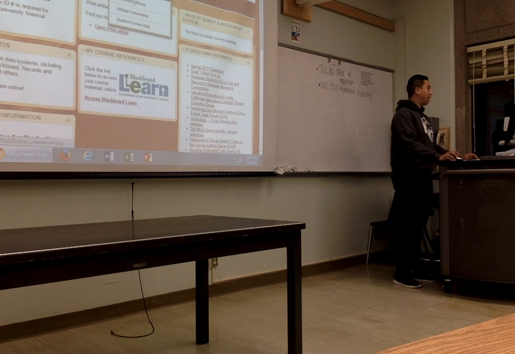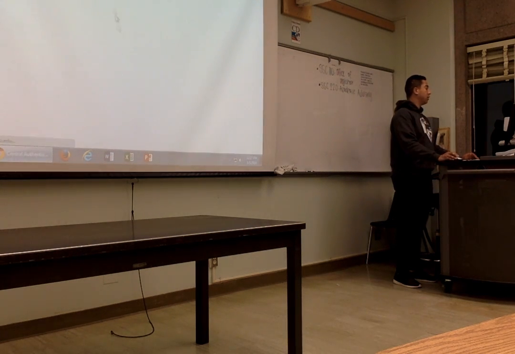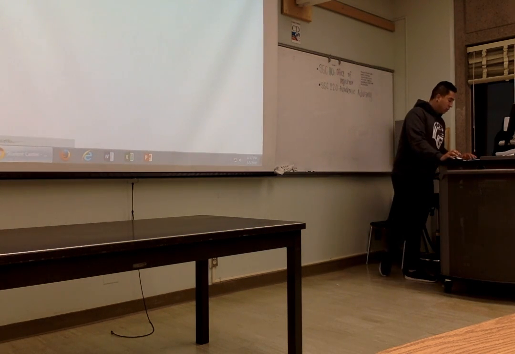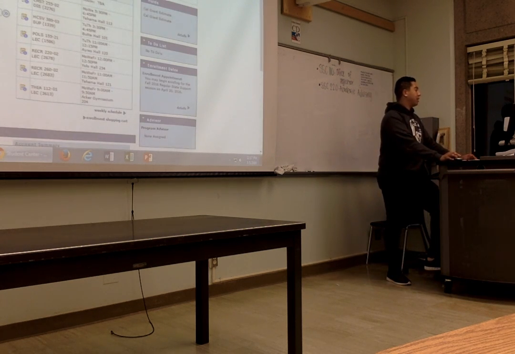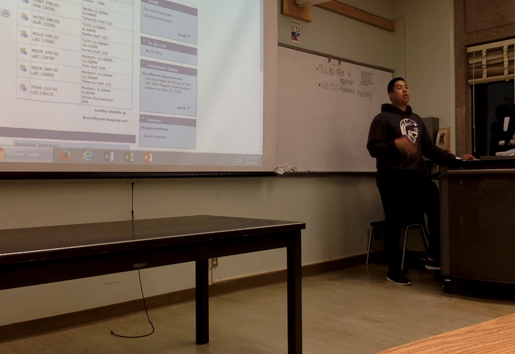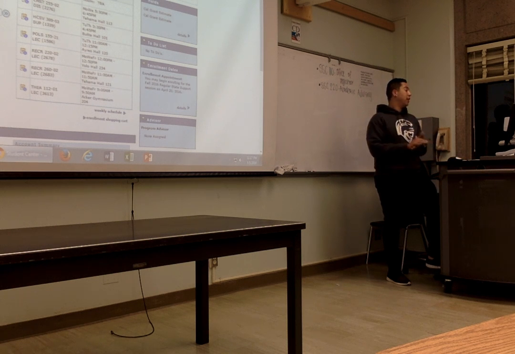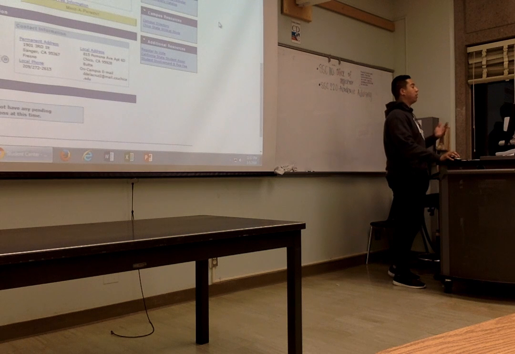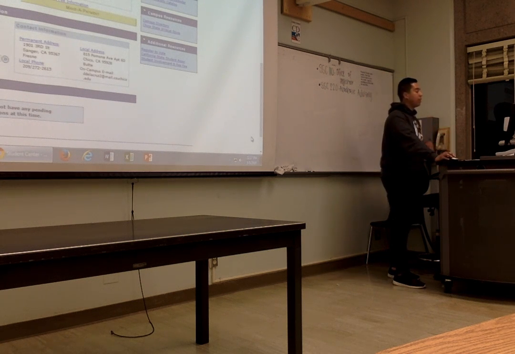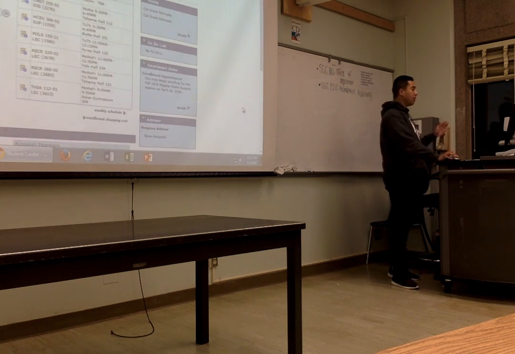So I'm going to go ahead and enter the student center. This is a very important place. This is where you see your classes, your schedules. Also, this is where you would look if you need things to do, if you don't have your paperwork turned in, or it also tells you what you owe for your coming semester.